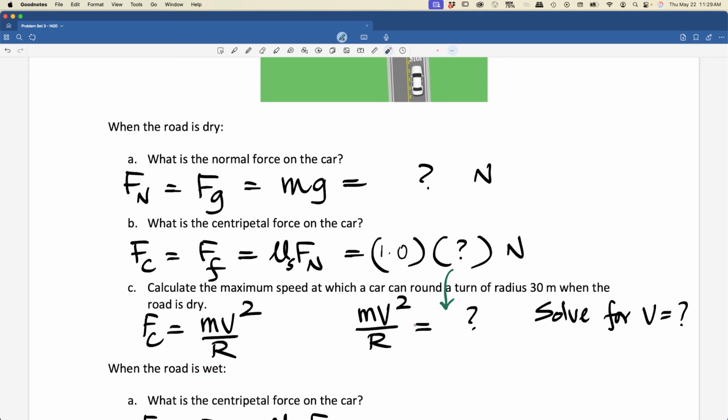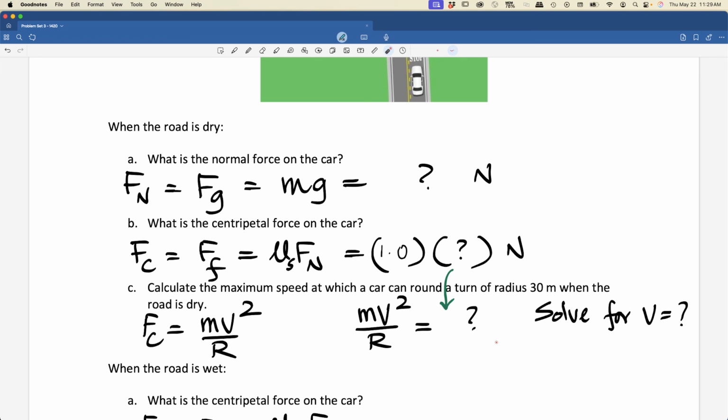So what you do is, since we already know the centripetal force from part B, whatever you get, put it here and set it equal to mass times velocity squared by radius. You know the mass, 1000 kilogram. You're given the radius as 30 meter.